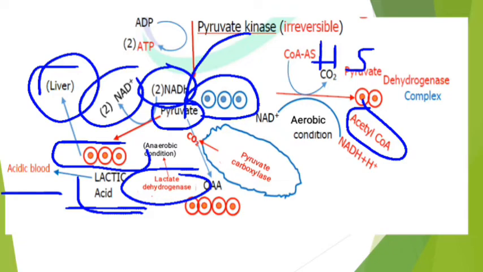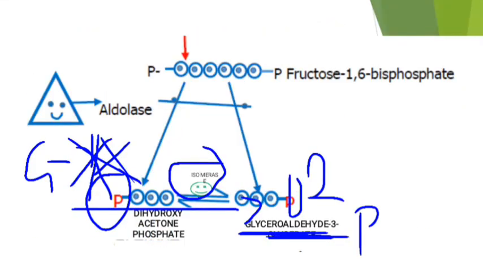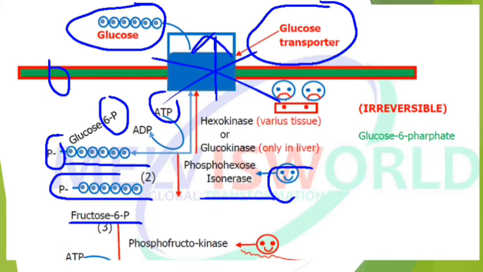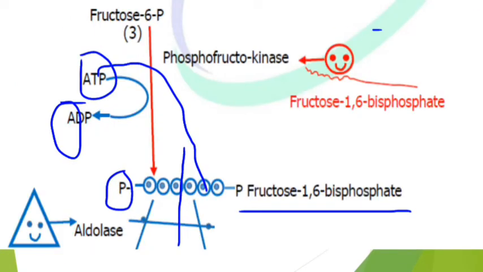A recap. From step 1, once glucose is intracellularly placed, a phosphate group is attached to it so as to prevent it from going back. Then, step 1 is irreversible. Step 3 is irreversible.